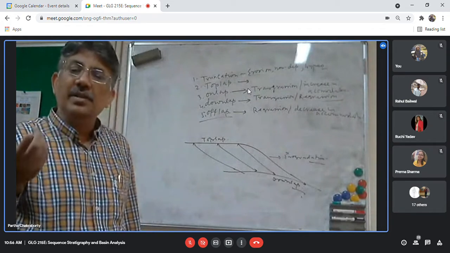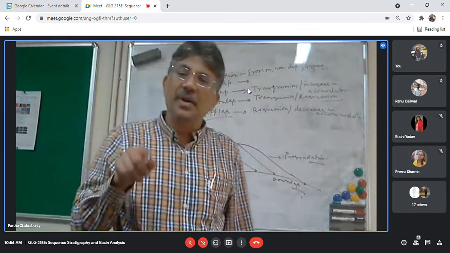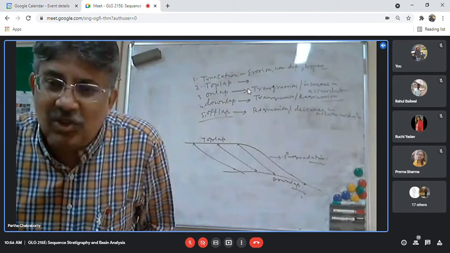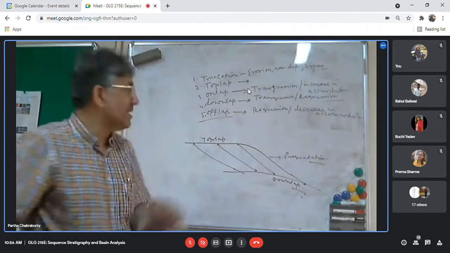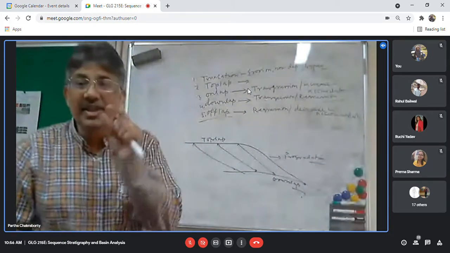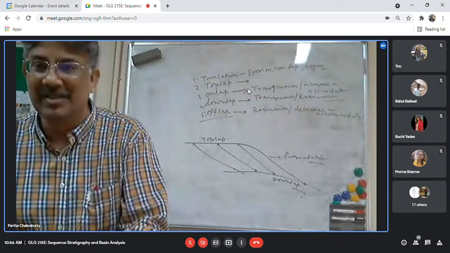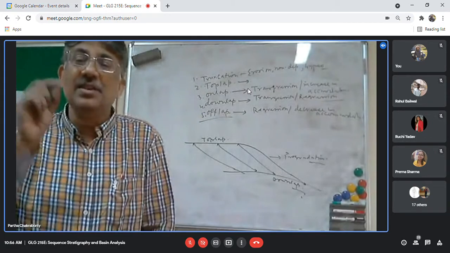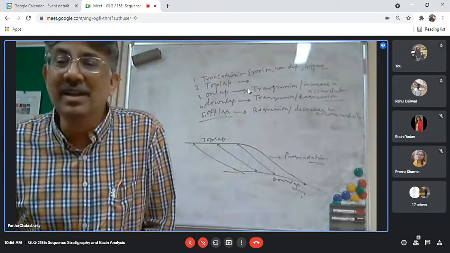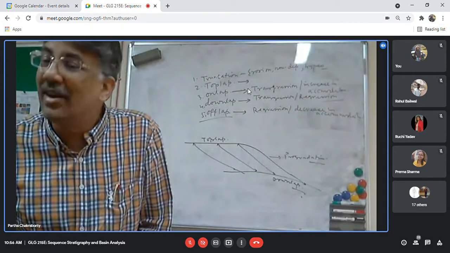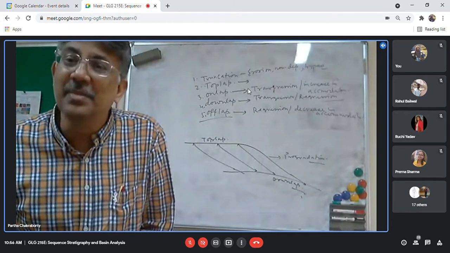This top lap is also defined by seismic stratigraphers. They identify it as a top lap when the thickness of the strata is below the seismic resolution, and normal seismic resolution is about 10 meters. Normal 3D seismic cannot resolve anything less than 10 meters in thickness.